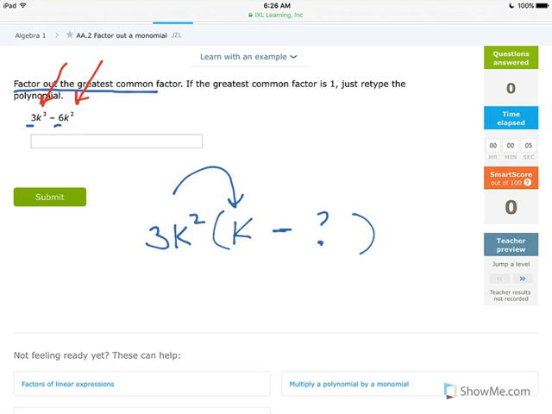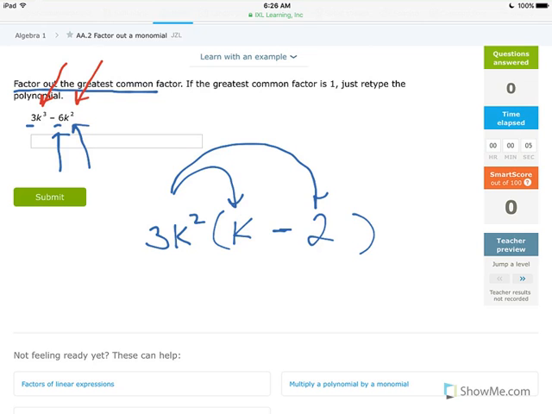And then what would have to be right here to have the original term? So we need to get 6k to the second, so we're going to need a 2 there. And again, you can check it by multiplying. 3k squared, 3 times the 2 gets you the 6, and then times the k squared gets you the k squared.